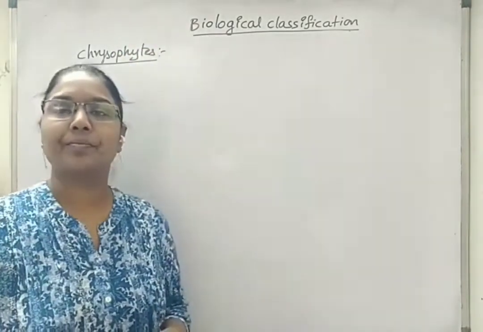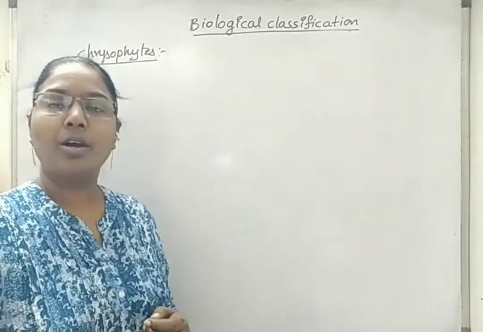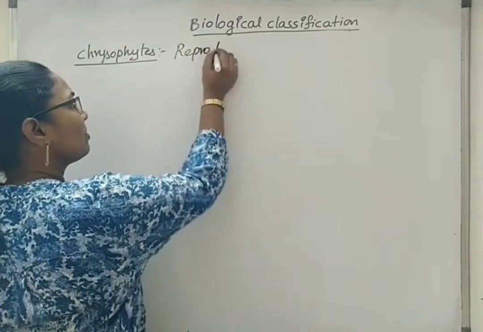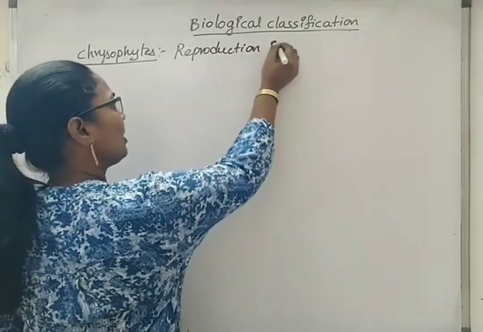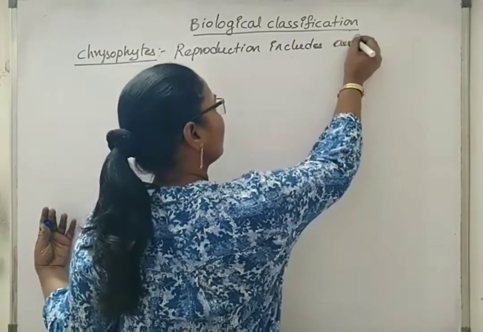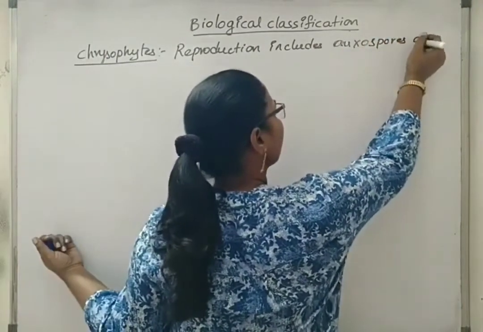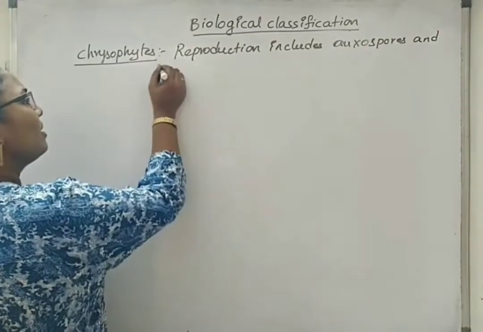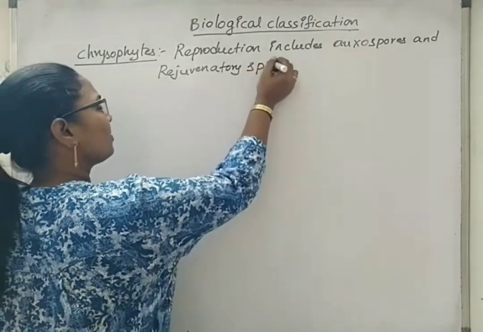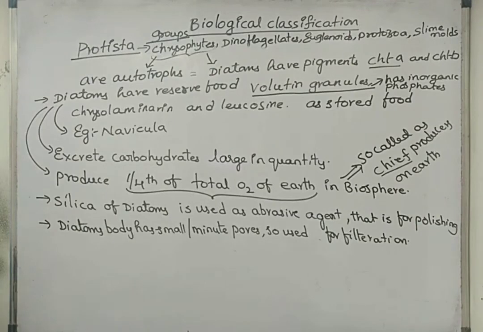Under chrysophytes, reproduction is by production of oxospores or rejuvenatory spores. So this is about chrysophytes.